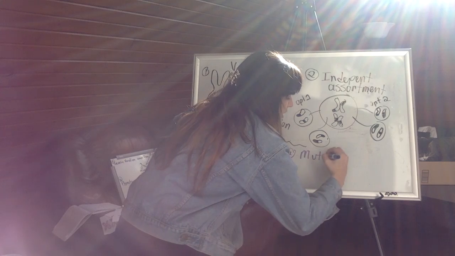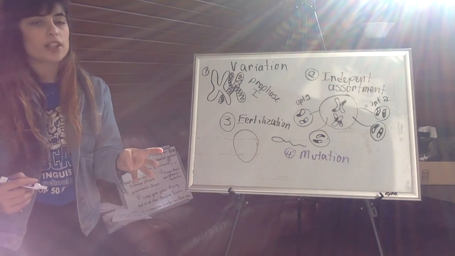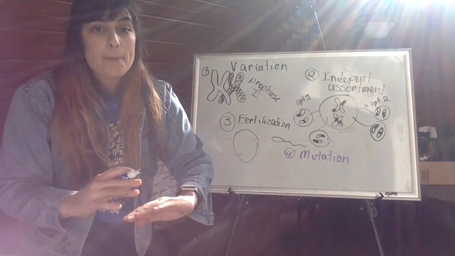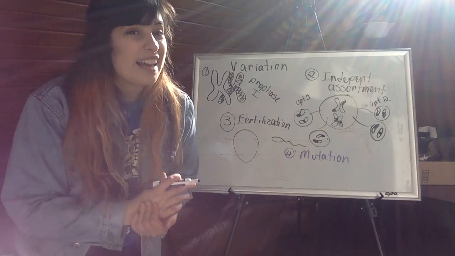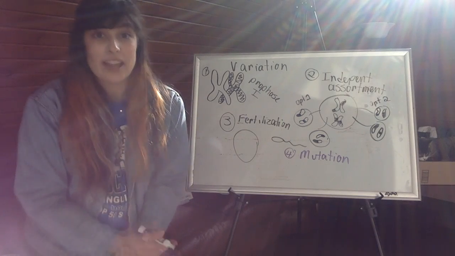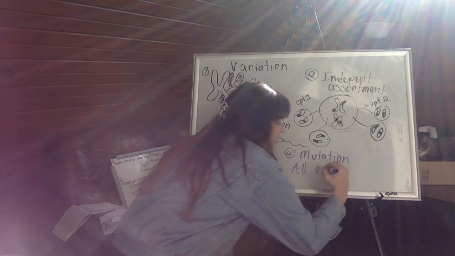So in purple here, mutation is our 4th source of genetic variation, and this happens in every single living organism that contains DNA on Earth. It can even happen in non-living organisms like viruses. So mutation is going to happen to all organisms.